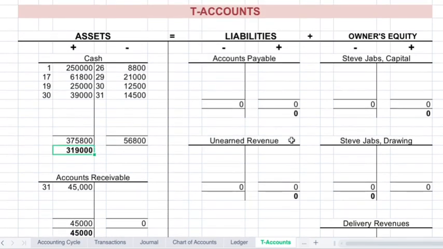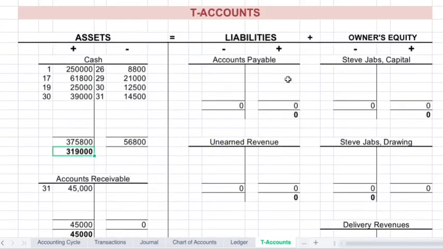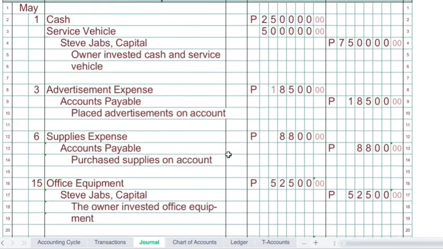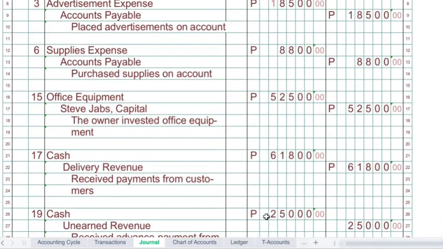So, pag liabilities naman, and owner's equity, so, ang normal balance nila is on the credit side. So, positive naman yung mga nasa right side. For example, yung ating accounts payable, okay, let's see, 688.